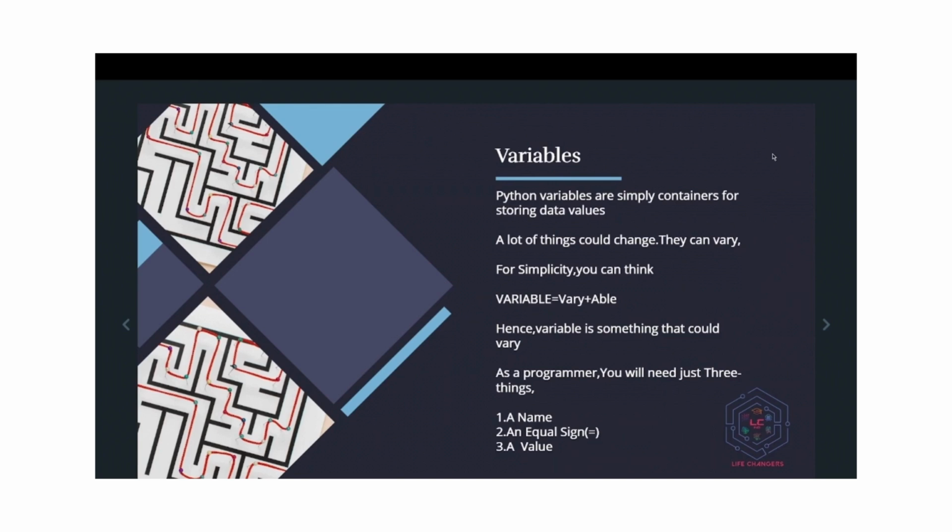As a programmer, you will write variables every day, and it is very simple to write a variable. You will need just three things: a name, an equal sign, and a value. I will show you. As you know, a variable is something whose value can be changed.